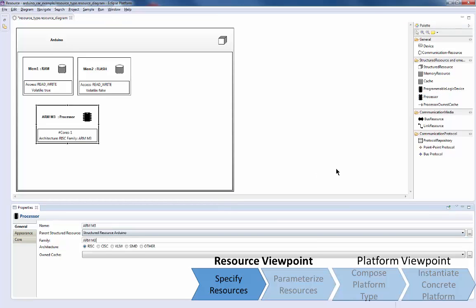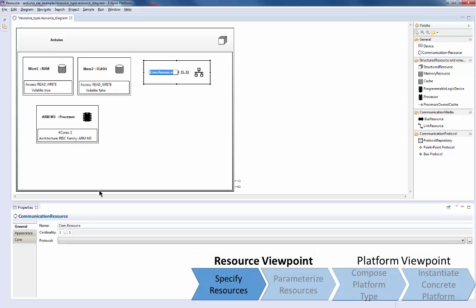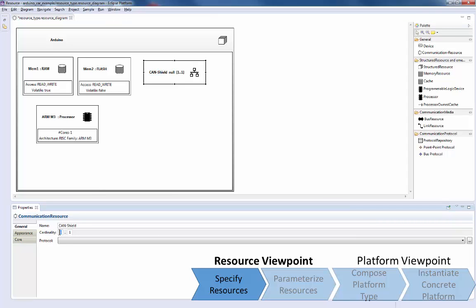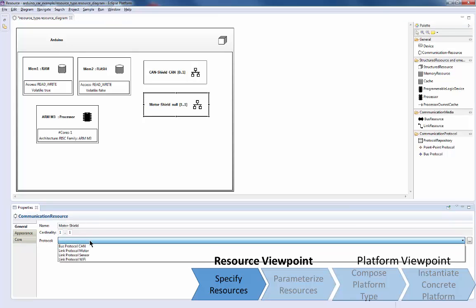Moreover, the Arduino board can be coupled with several shields which extend its behavior. At first, the Arduino board has an optional CAN shield which uses the CAN protocol. Secondly, a motor shield which is able to control up to two DC motors.